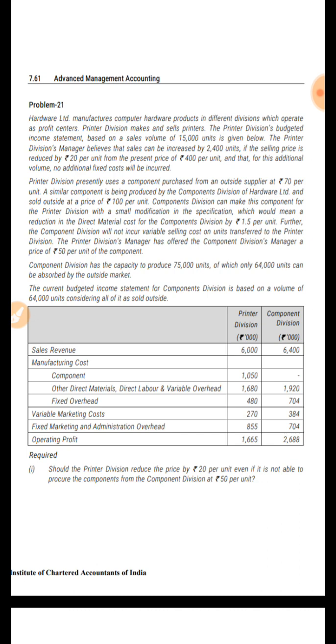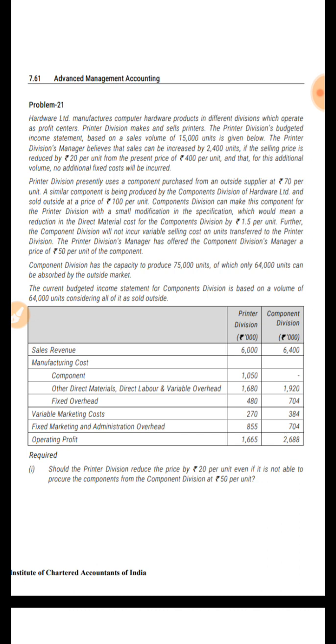Also, since it is an internal transfer, the component division will not incur any variable selling cost. But the thing is that the printer division manager is asking the component division manager to supply the component at rupees 50 per unit, whereas they were selling to outsiders at rupees 100 per unit. They want the same component at rupees 50 per unit.